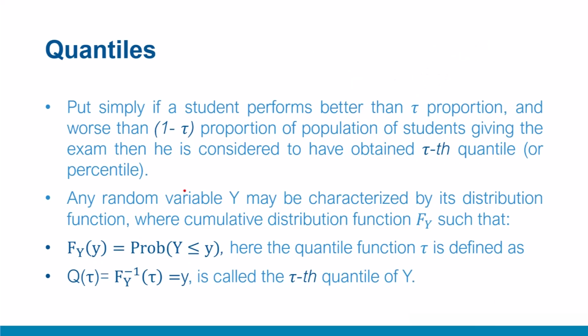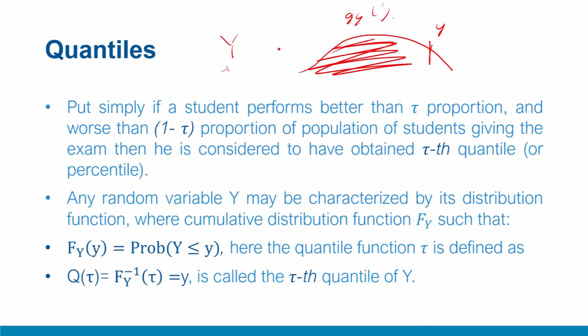For example, suppose in a given distribution, a particular value of y is greater than 99% of y's. So 99% of values are less than or equal to this y. Then the probability that Y is less than or equal to y is F_y, which is equal to 0.99. This is the cumulative probability of that particular value y.